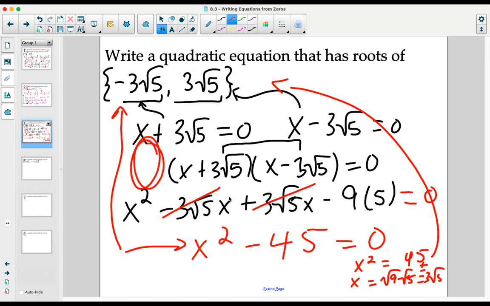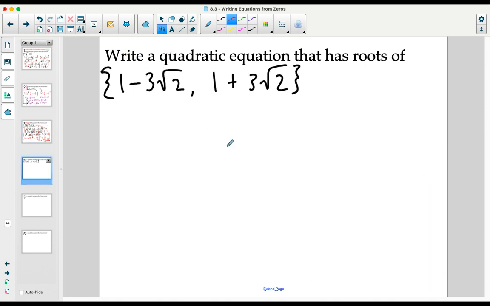No, because our factoring techniques didn't allow us to create irrational numbers inside of those factors. But we have an alternative to get there, the square root method, that allows us to see those same two solutions. And just as we expected, we expect these two solutions to be opposites of one another, thanks to the quadratic formula and the plus or minus that we would see in there.